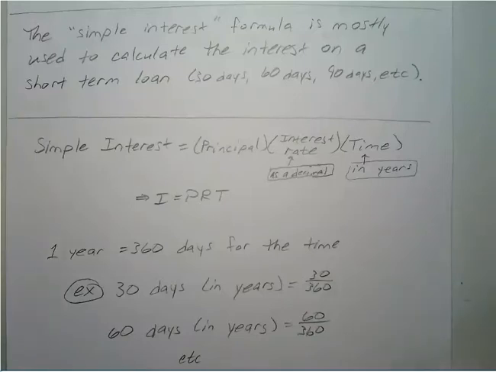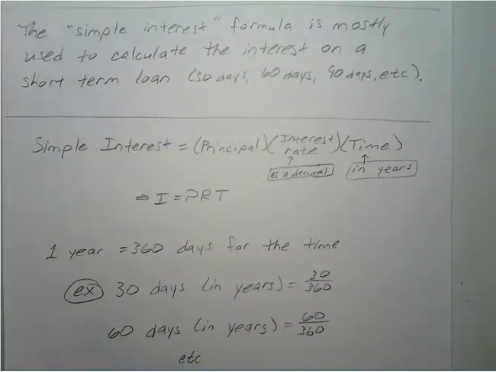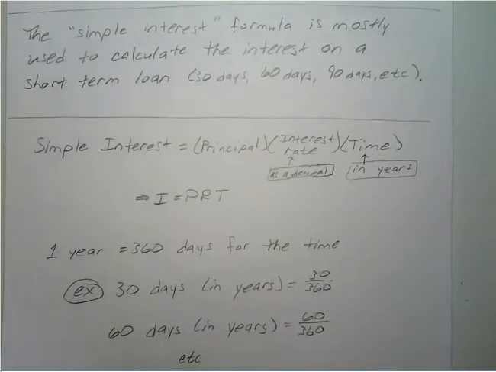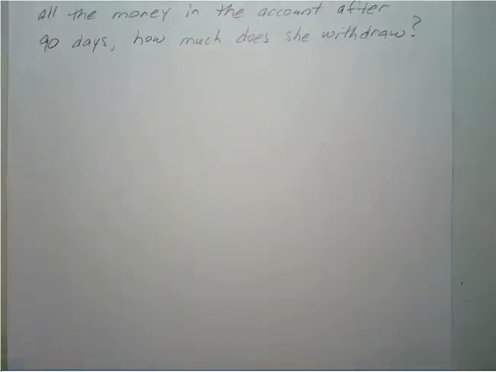If you have a 60-day loan, to write that in years, you write 60 out of the 360 days. So a 90-day loan would be 90 out of the 360 days, and et cetera, and so on, and it keeps on going like that, depending on how many days your short-term loan is. All right, so if you're writing this, press pause. But we're going to go ahead and do one more example, just using the simple interest.